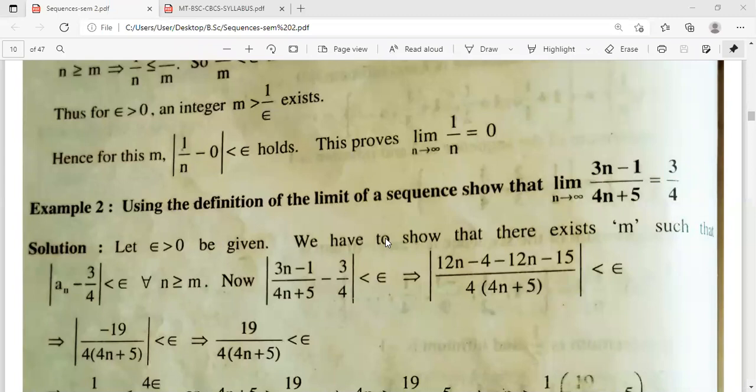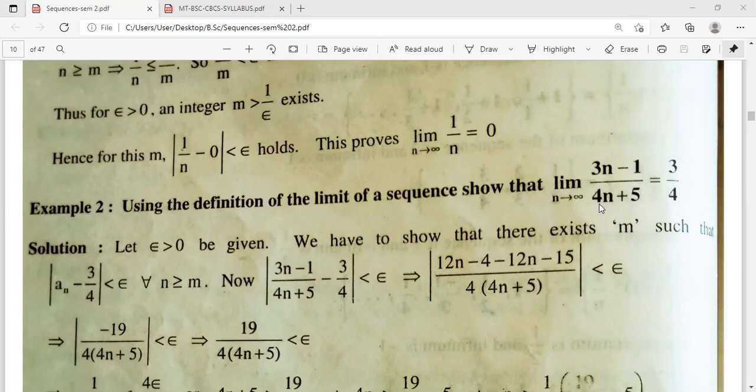Okay, now you see the solution here. According to the definition, let epsilon greater than 0 be given. We have to show that there exists m such that modulus of a_n minus l is less than epsilon for every n greater than or equal to m. That means this thing, (3n minus 1) by (4n plus 5), is a_n, and 3 by 4 is l.